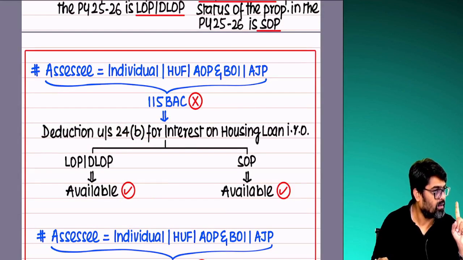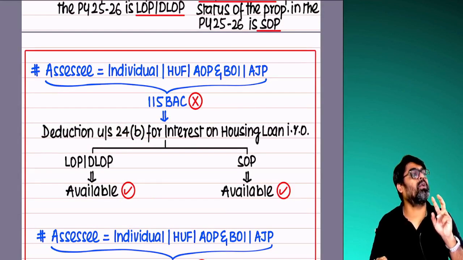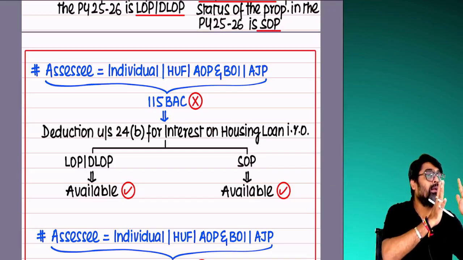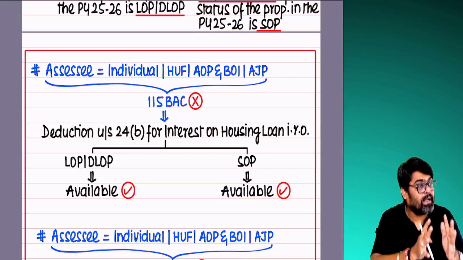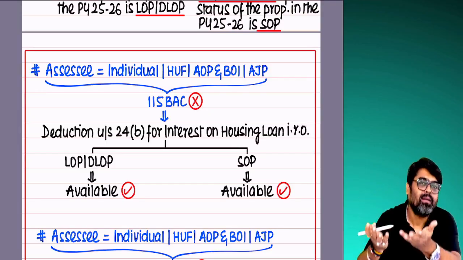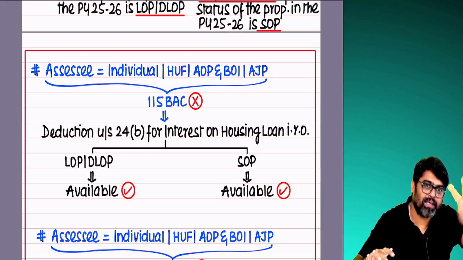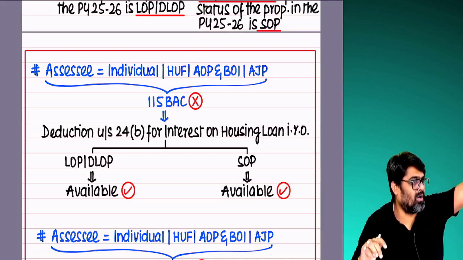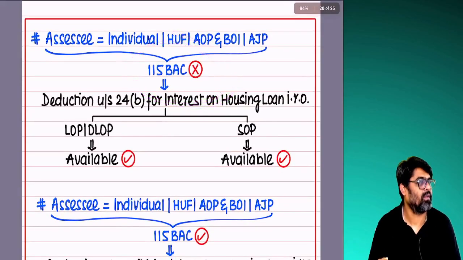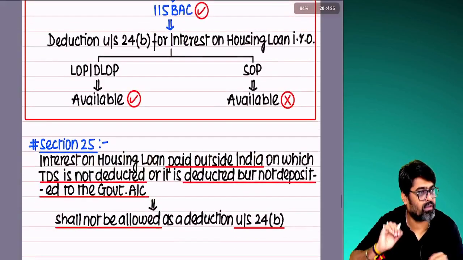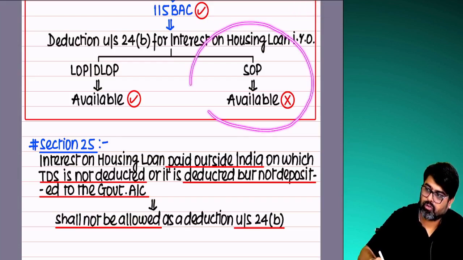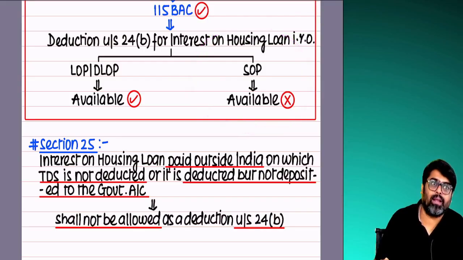But the deduction of interest from SOP, what did I say? Deduction for interest on SOP, that will be allowed to the extent of 2 lakhs, yes or no? Only if you shift out. If you follow default tax regime, interest on SOP up to 2 lakhs which you can claim, yes or no?